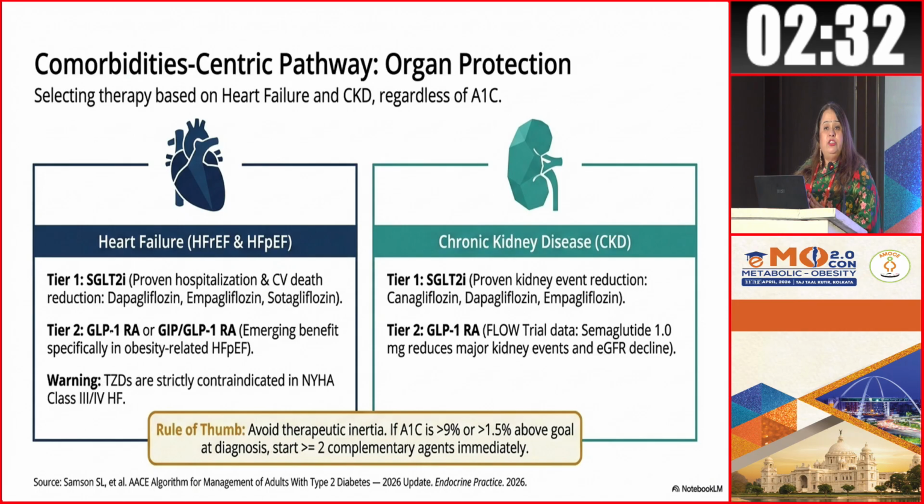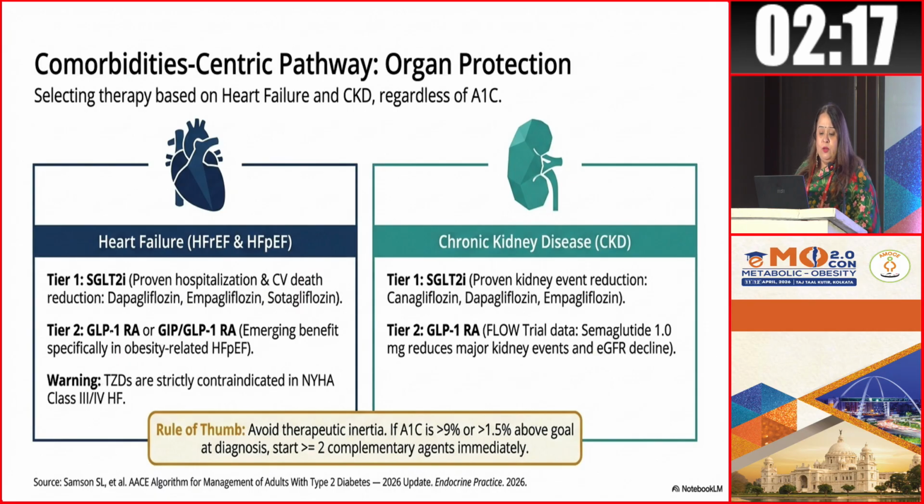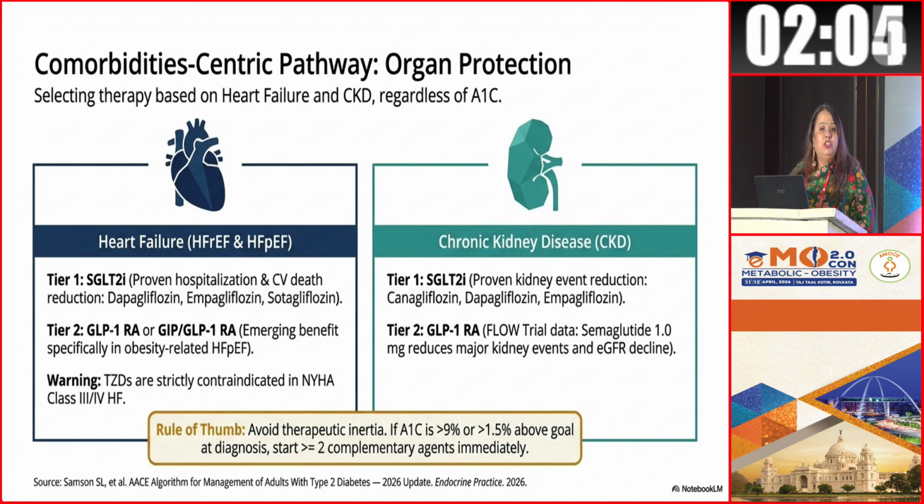The comorbidities-centric pathway focuses on organ protection, and here there is guidance on selecting therapy based on heart failure and CKD regardless of A1C. So that is one new change also: tier 1 SGLT2 inhibitors for heart failure with reduced or with preserved ejection fraction, and then tier 2 would include GLP-1 or the GIP/GLP-1 receptor agonists as well.